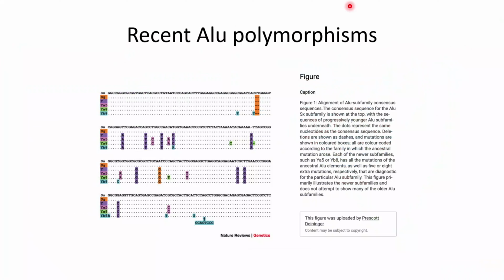What else? The other thing is that the ALU elements tend to mutate, because every time you have a transcription and then reverse transcription step, you are prone to mutations. But it seems like these mutations don't affect their translocation. The reason is that they depend on reverse transcriptase from somewhere else.